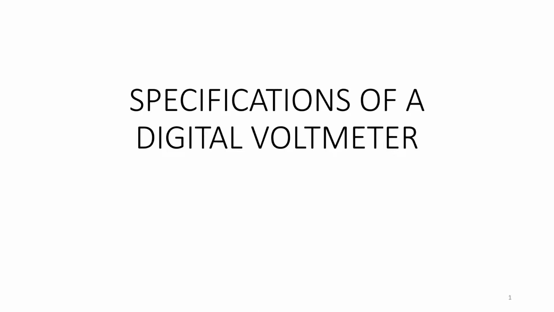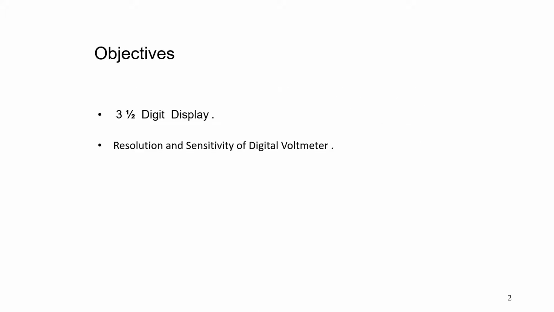So the instruments that are used to express the measuring quantity in numeric format is known as digital instruments. So quantization is the basis of working of a digital instrument. It is an act of transforming an analog signal into its digital form.